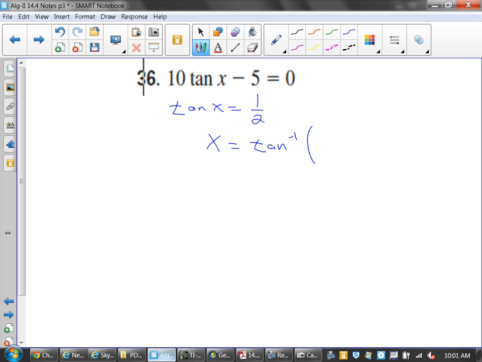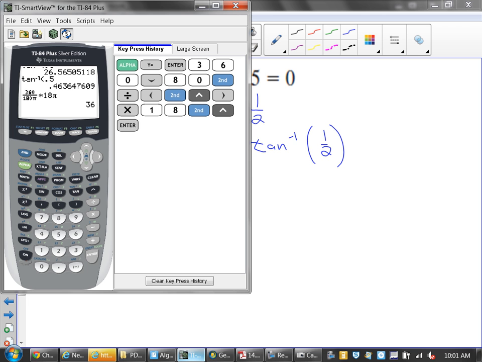The first and third. Okay, so I'm going to be there and there. So when I hit the inverse tangent button of 1/2, I need to make sure that I'm in radians. This is asking us to do this in radians because our interval was between 0 and 2 pi. So when we put our calculators into radians, make sure I'm in radians.